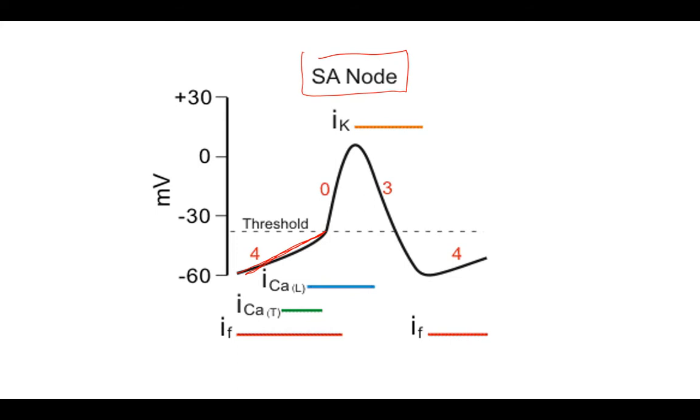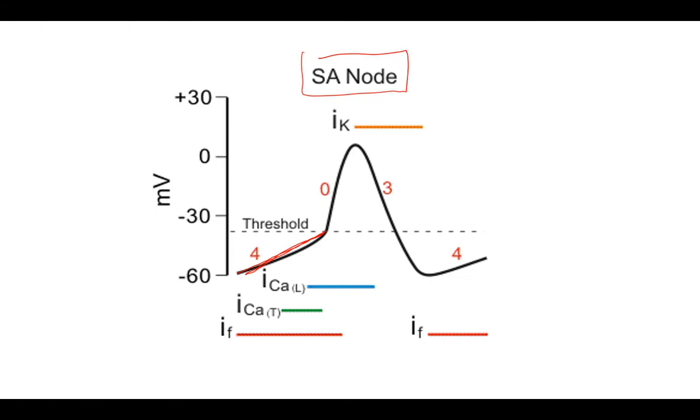Here in this SA node action potential, you can see phase 4 is the pacemaker potential. Okay, and you can see all the currents which are occurring throughout this action potential.